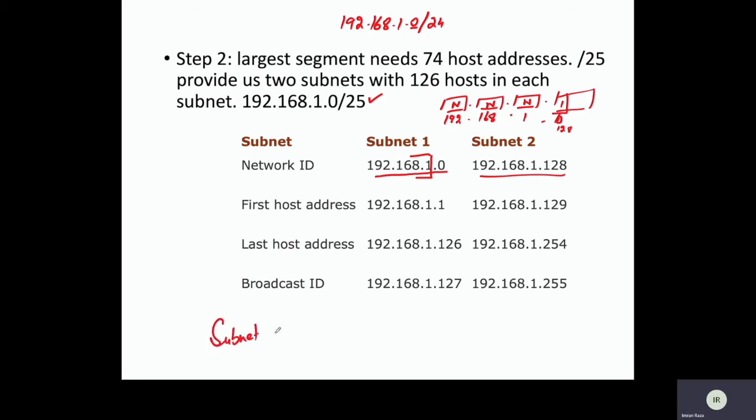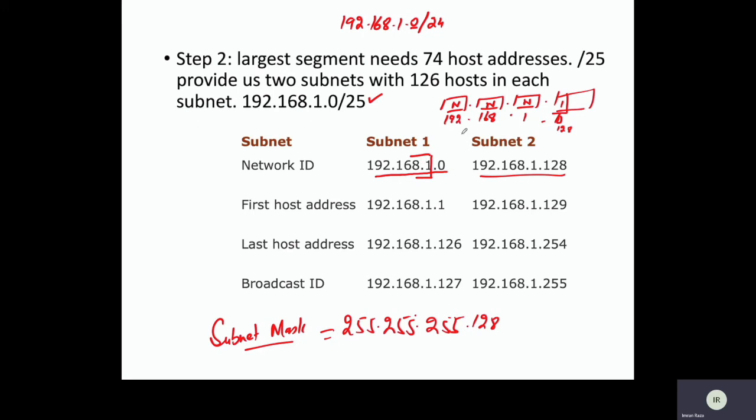And what would be the subnet mask here? Yes, you're right. 255.255.255 is by default, we cannot change it. We have borrowed one bit, so the subnet mask here would be 255.255.255.128.